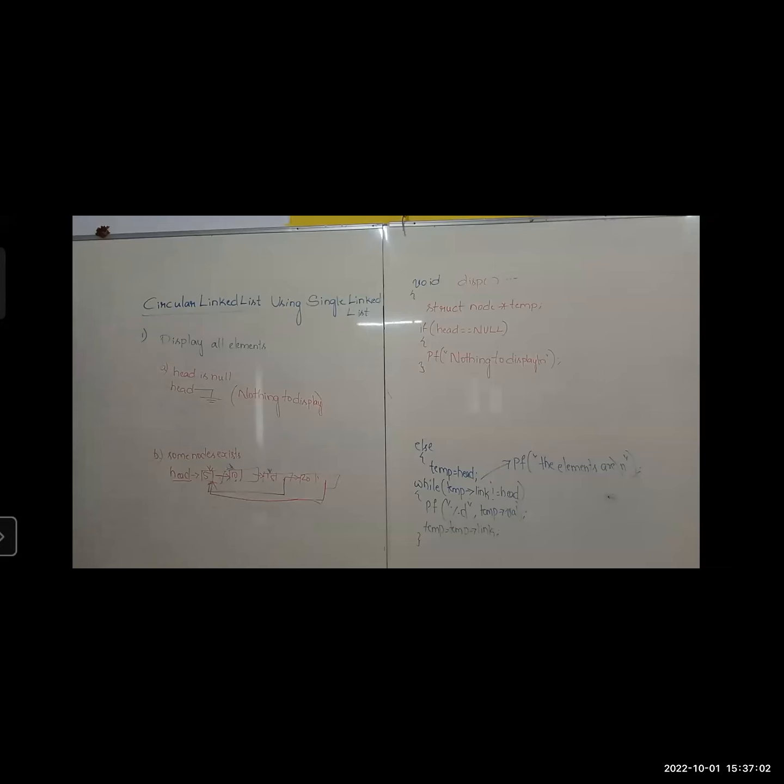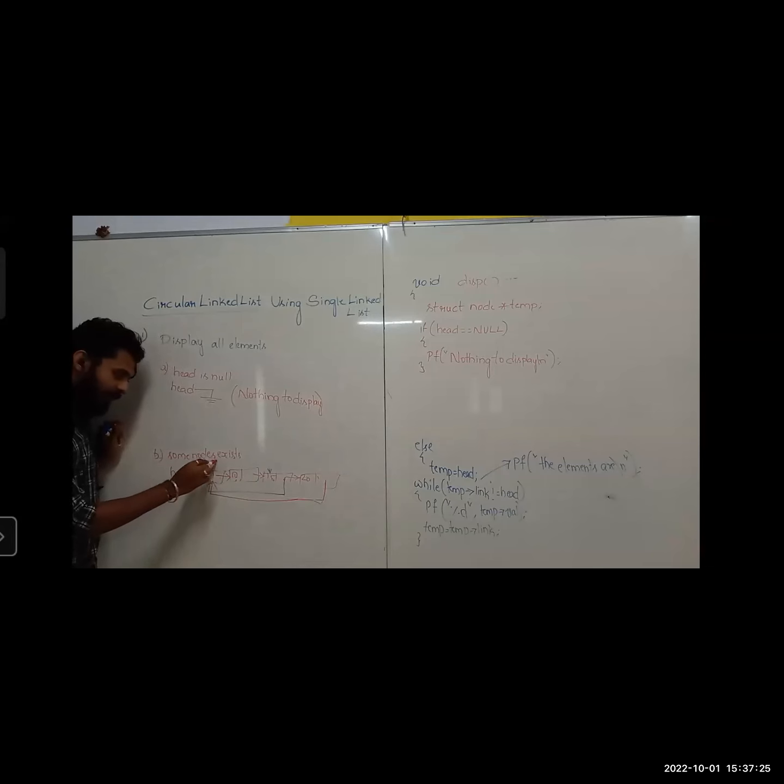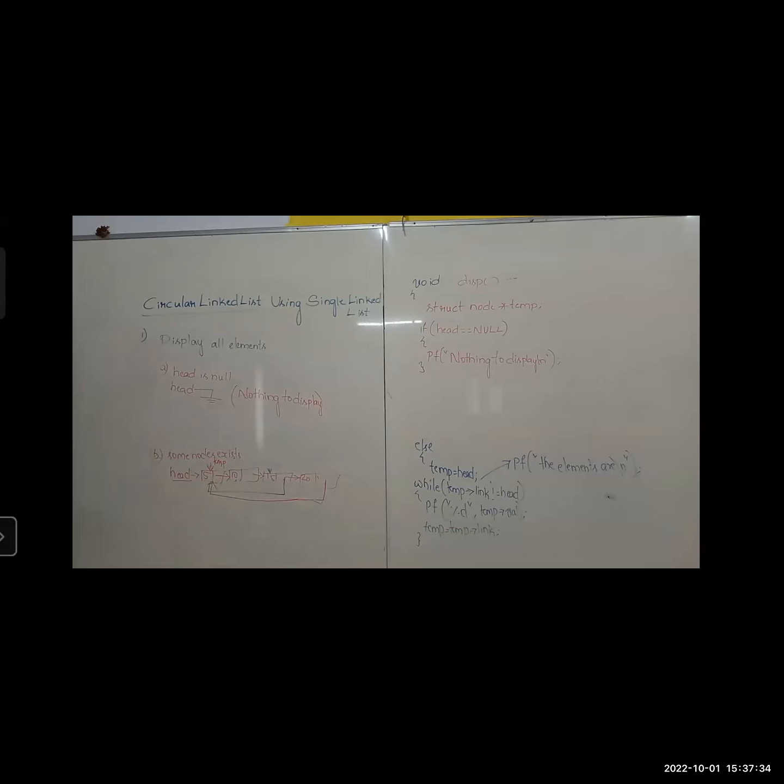Whenever for the display method we used to write temp not equal to null. In the same way, Chinmay, smartly you told me temp not equal to head. But in the first node itself, it will become equal to head. There only it will fail. Getting my point? If you write temp not equal to head, here only temp will become equal to head. Yes, sir. There only the loop will fail.